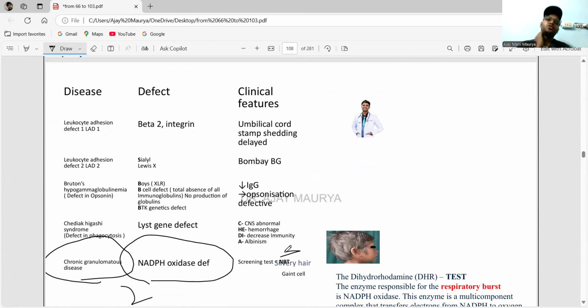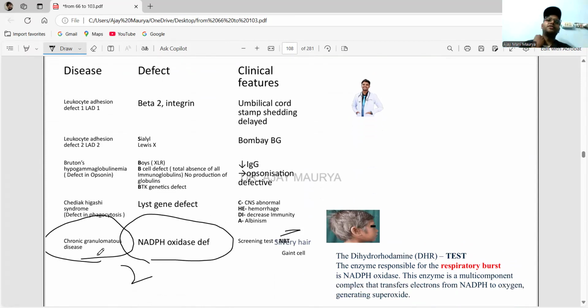So you have to know that when you do the NBT test, it is in CGD, chronic granulomatous disease. Or else, in a long case they will mention that we did the DHR test, dihydrorhodamine test.